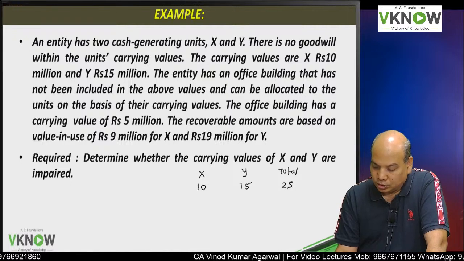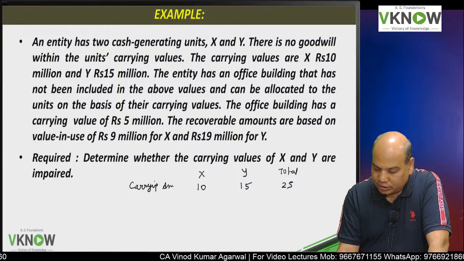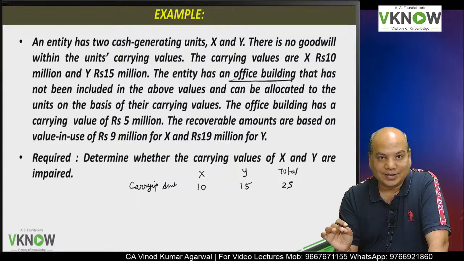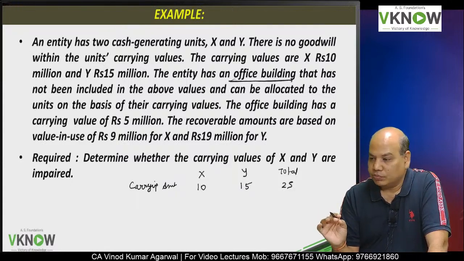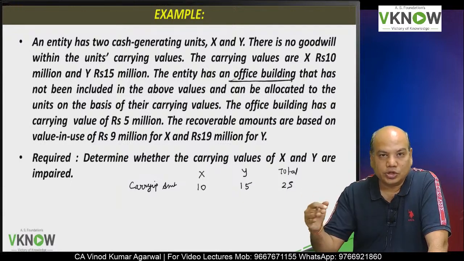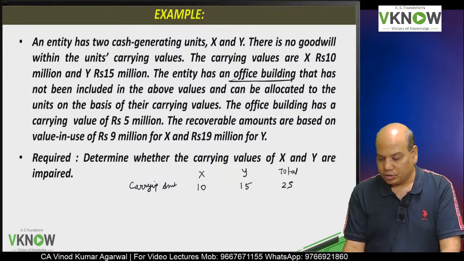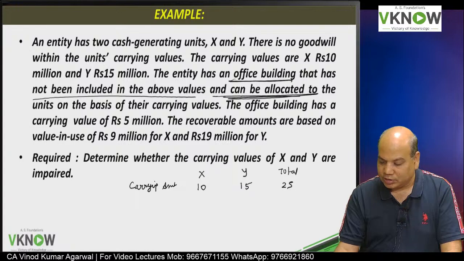The entity has an office building. The office building is called a corporate asset because it does not generate independent cash flow, but it helps other CGUs in generating cash flows. That has not been included in the above values and can be allocated.